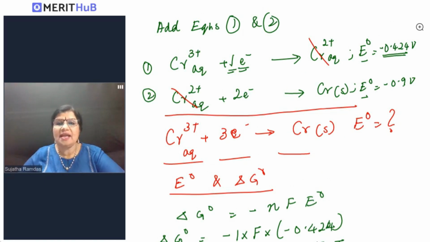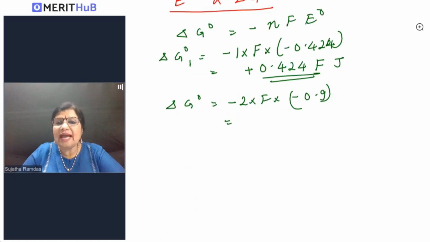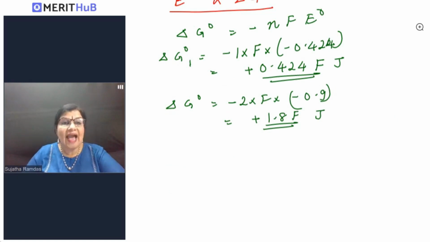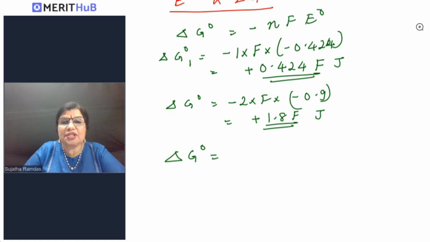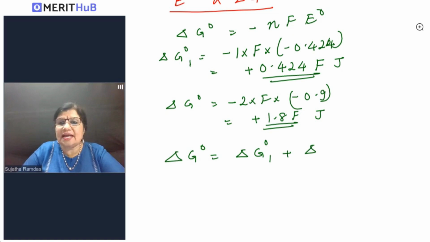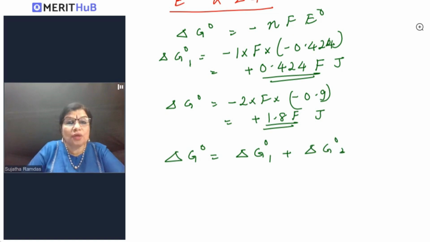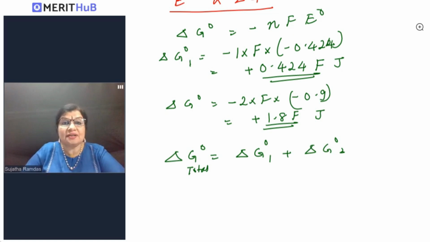So that is equal to plus 1.8F joules. Let's add up these two delta G naught. So delta G naught is equal to delta G naught 1 plus delta G naught 2. So what is delta G naught total for the final target equation?